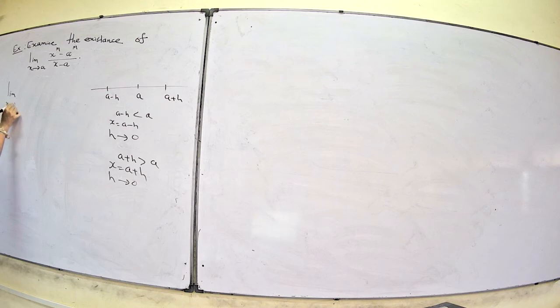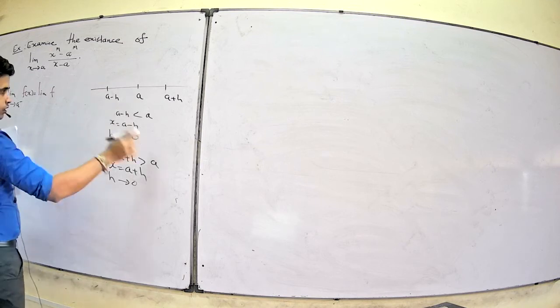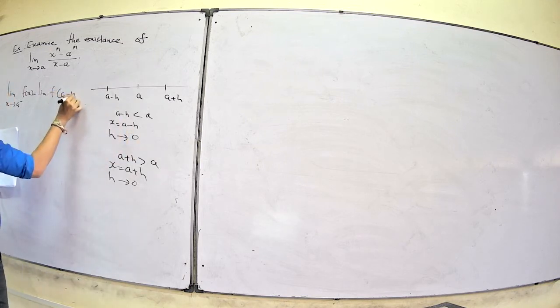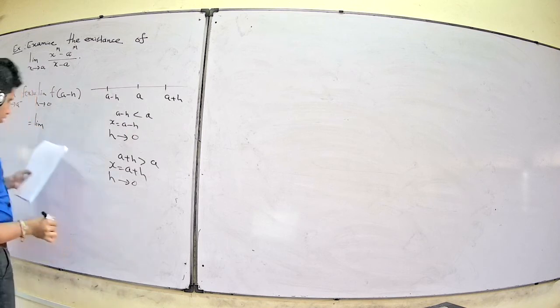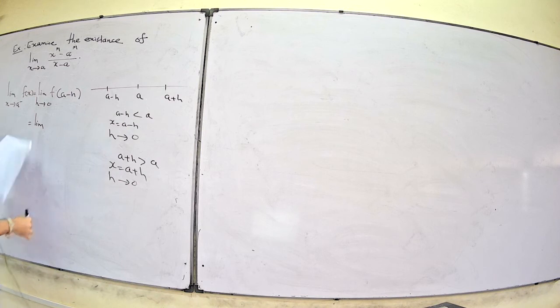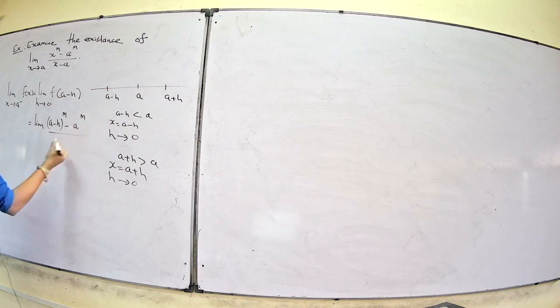First, for the left limit, x tends to a minus, the limit of f of x, with x equal to a minus h, as h tends to 0. We get a minus h to the power m minus a power m, over x minus a, which is a minus h minus a.